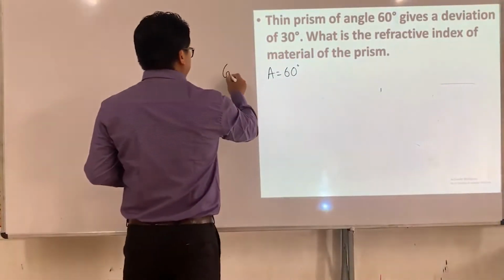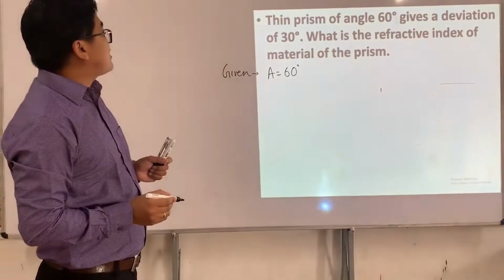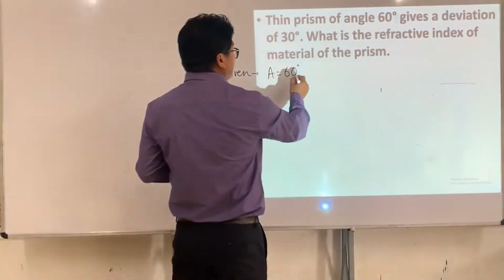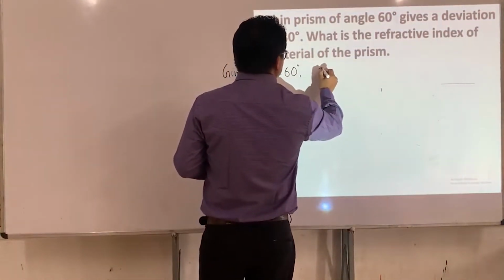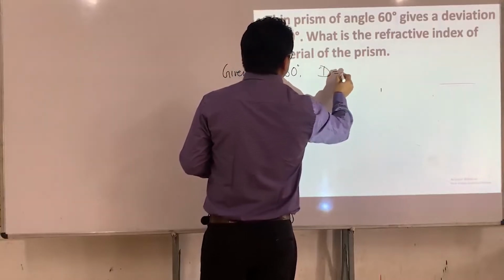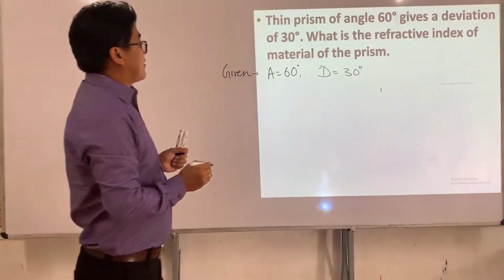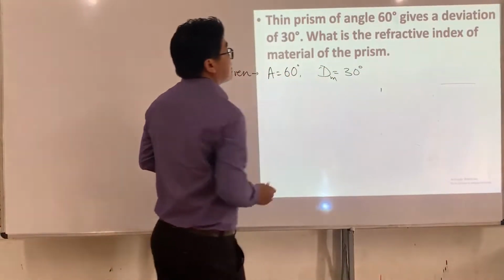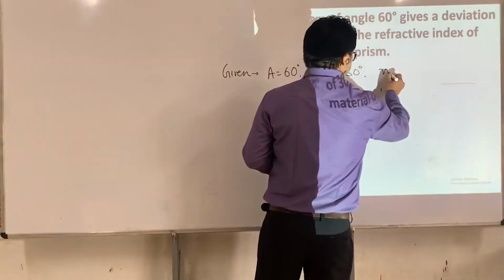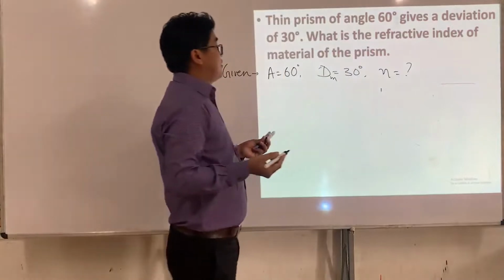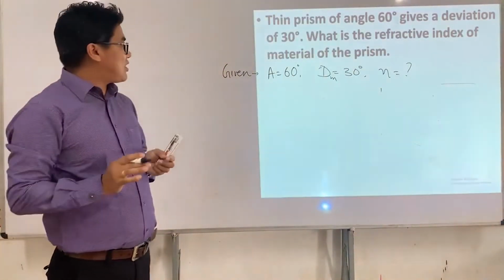Given the deviation, that's the minimum deviation, let's say 30 degrees. What is the refractive index of the material? This is to find.